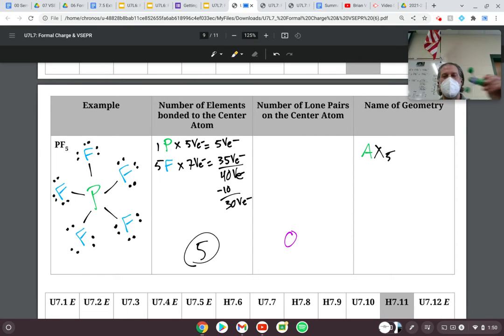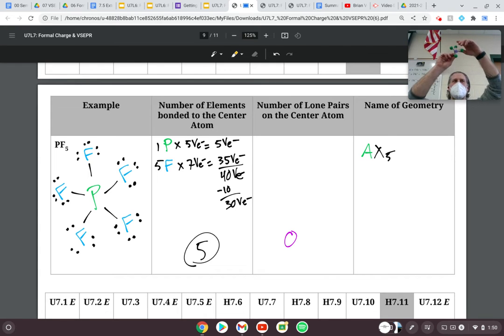And this is what that shape would look like. Here I have a central atom with 1, 2, 3, 4, 5 atoms bonded to it. If you imagine from this atom at the top down to this atom, it appears to make a triangular shape, and the same applies from this atom at the bottom to the back to this atom.